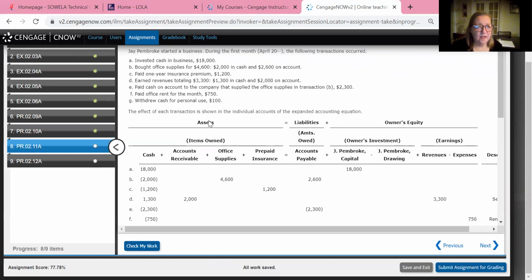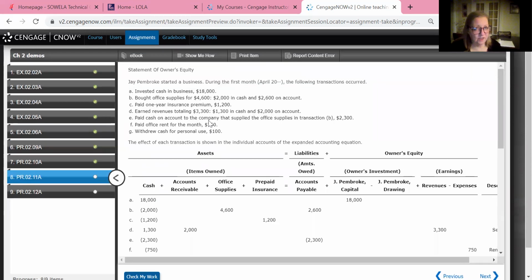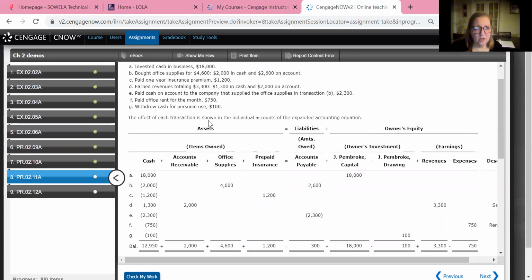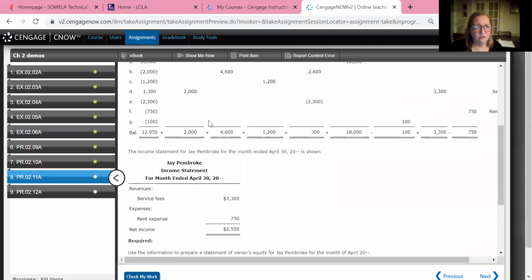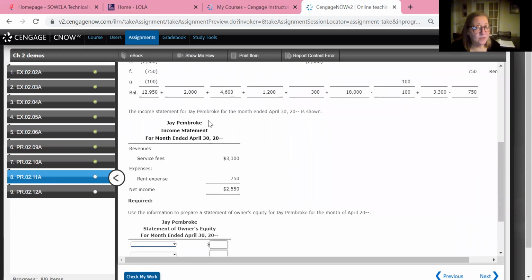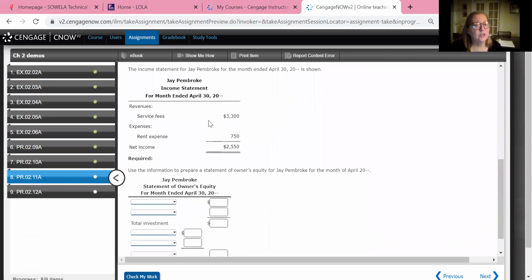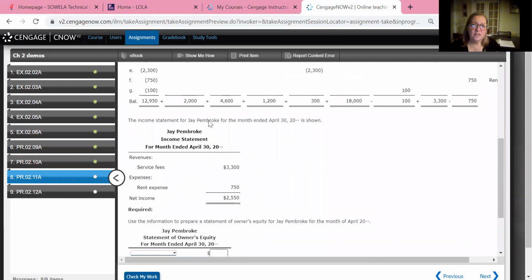Now the next one is continuing the same problem, same fact set that we already worked. It's just showing us our work that we've done so far, showing us the income statement, and then it's asking us to now do the owner's equity. Well, there's a sequence that you do the financial statements in, and you must do that sequence or it's not going to come out right for you.